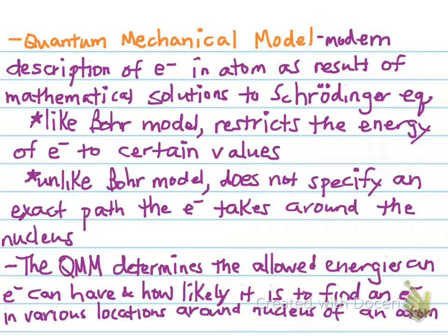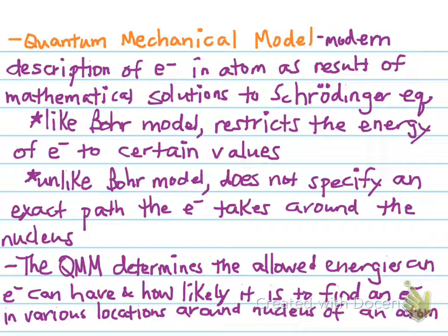So instead of saying that there is this specific path where I'm going to find an electron going around the nucleus of an atom, the quantum mechanical model is going to say, how likely is it that I can find an electron in a particular spot around the nucleus of an atom?